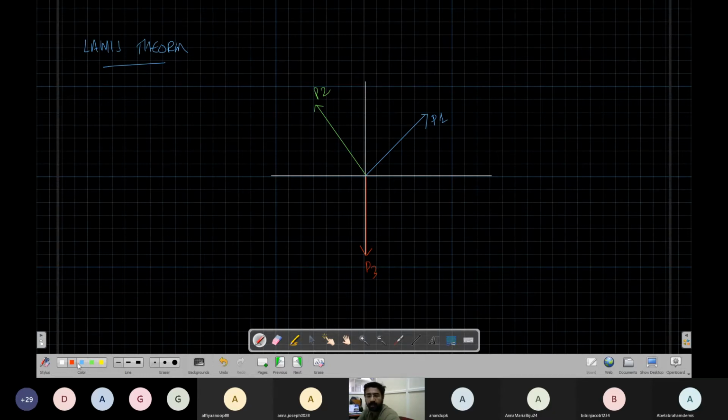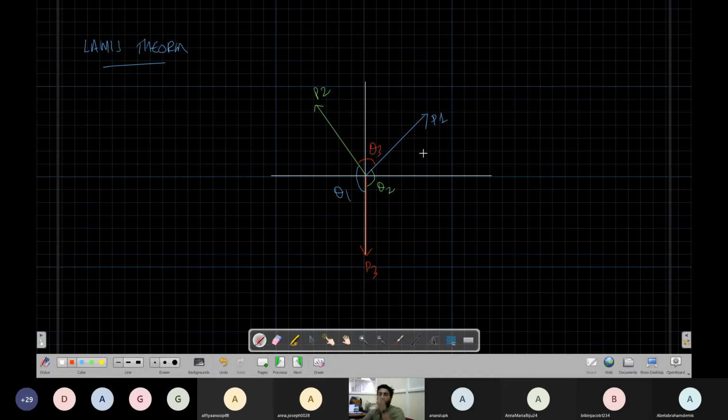Now let's say I know these angles. We call this angle theta 1, this angle theta 2, and this angle theta 3.